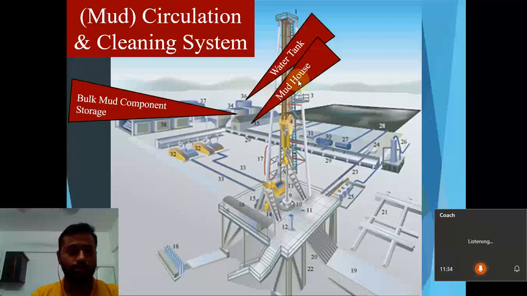We have the mud house, where all the components needed for making the mud are kept: bentonite, barite, or anhydrite, cement, whatever you add to it. Then you have a bulk mud component storage where you can store additional mud, which can be used sometimes when there is excess loss downhole.